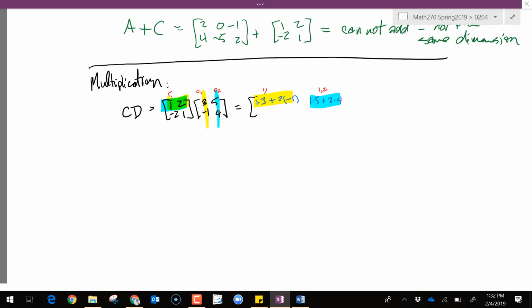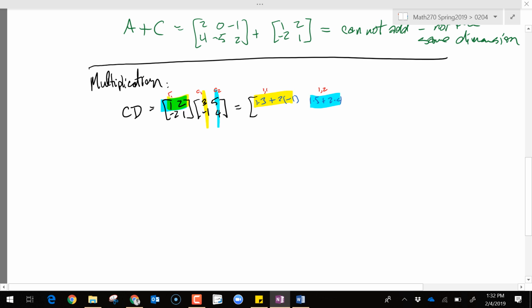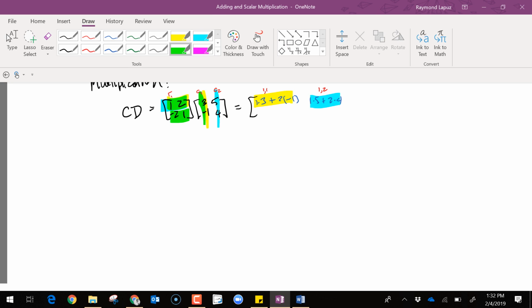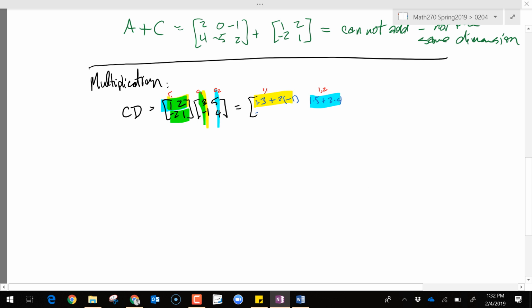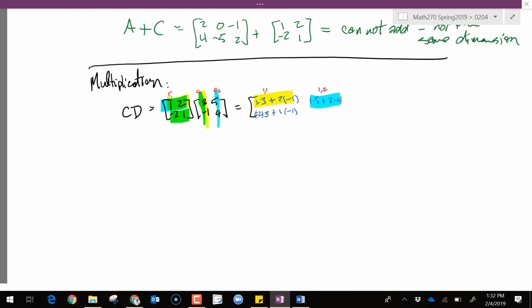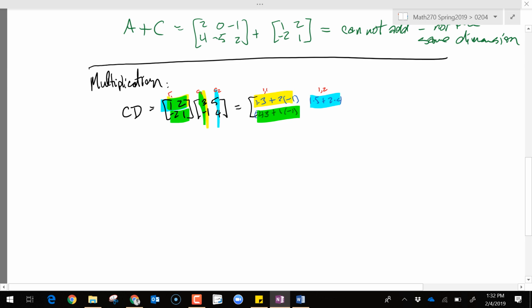All right, so we keep going and multiply the second row with the first column. So we've got negative 2 times 3 plus 1 times negative 1. Again, you're matching the rows, so it's the second row from the first matrix times the first column from the second matrix.